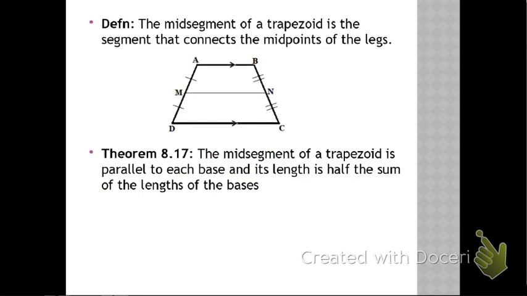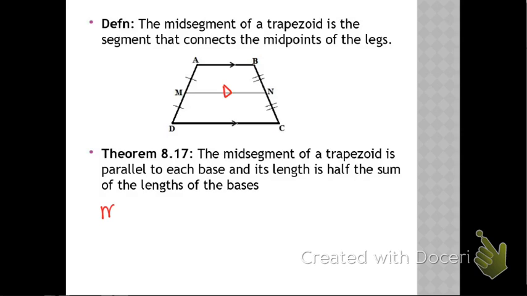The midsegment of a trapezoid is the segment that connects the midpoints of the legs. Again, the legs are the ones that are not parallel. The midsegment of a trapezoid is parallel to each base, so we could add in another little parallel marking on MN. And it's half the sum of the lengths of the bases.